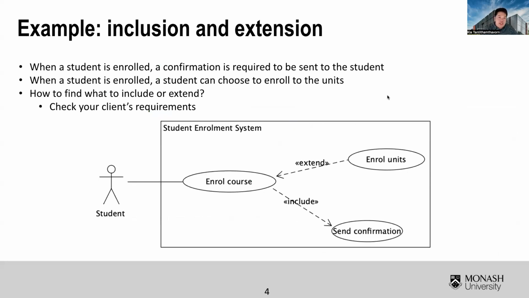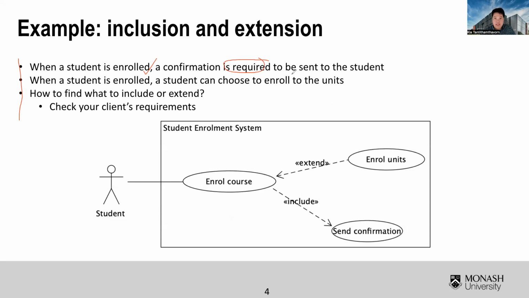Okay, inclusion and exclusion here, right? So let me try to understand. When a student is enrolled, this is a requirement: a confirmation is required to be sent to the student.